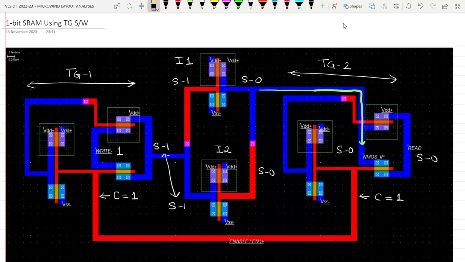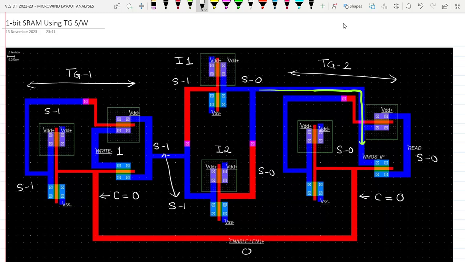For enable equal to 0, we have the control signal of TG1 as 0 and control signal of TG2 as 0. As we know, in a transmission gate, if the gate of NMOS receives a 0, then here it is 0. This inverter converts C equal to 0 into a strong 1.